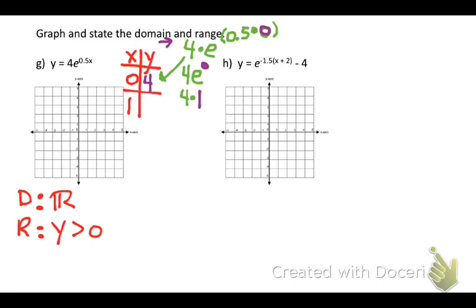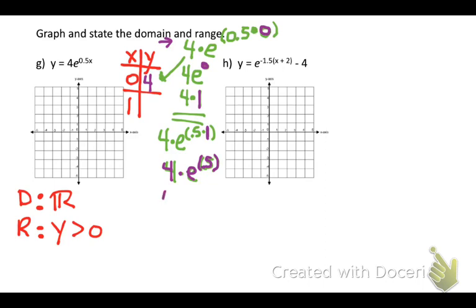Now let's do the same thing, but we're going to sub in a 1 for the x. Okay, so here I put in my 1 replacing the x. So we end up with 4 times e raised to the power of 0.5. And then I'm going to put that into my calculator. Remember, you have to use the second button.